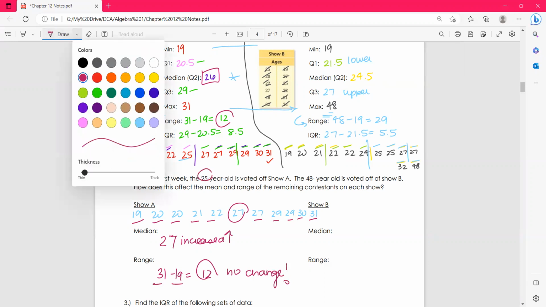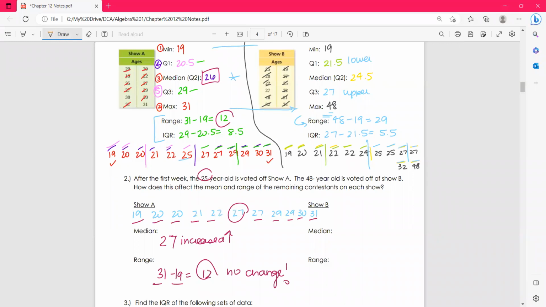Now let's look at show B. I'm going to rewrite this. 48 was voted off the show. So I'm going to rewrite the values 19, 20, 21, 22, 22, 24, 25, 25, 27, 27, 32. Let's find the median. 19, 32, 20, 27, 21, 27, 22, 25, 25, 32. 24 is our median.